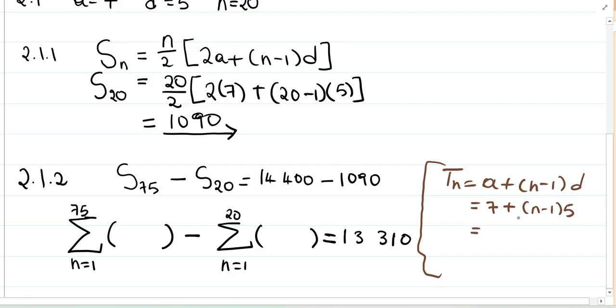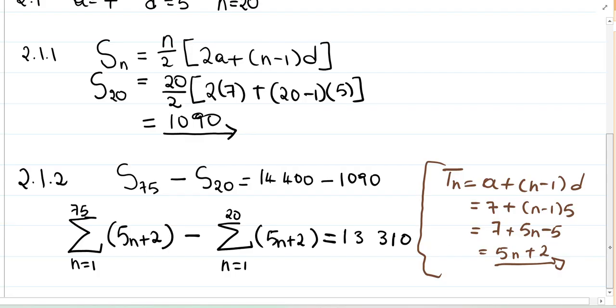So our job is to simplify this. This is going to be 7 plus 5n minus 5. This gives us 5n plus 2. So we plug that into our sigma notation, 5n plus 2, and then we continue with our equation.